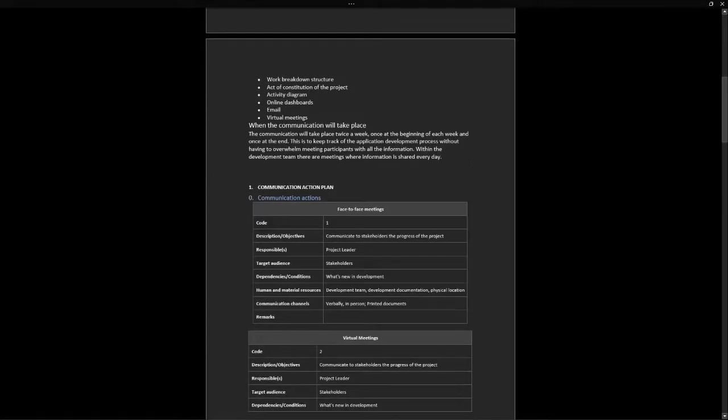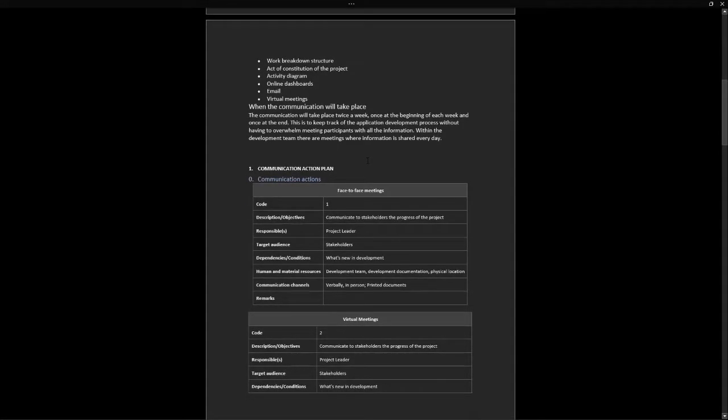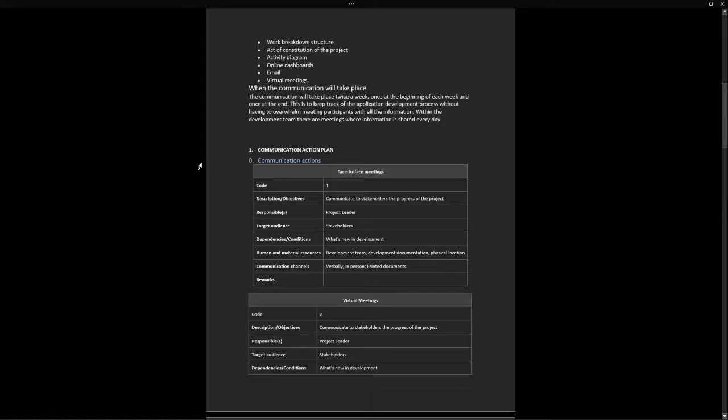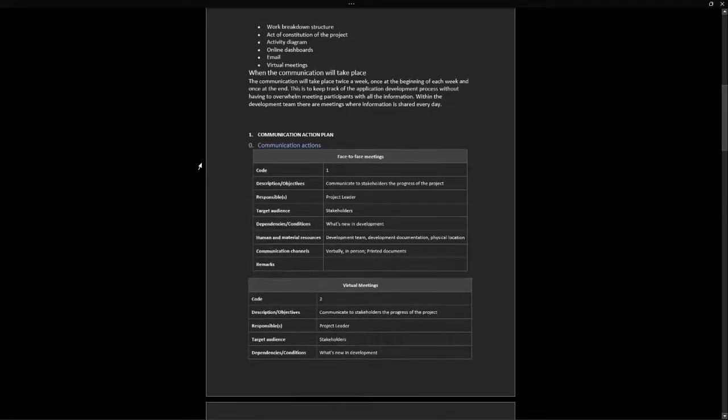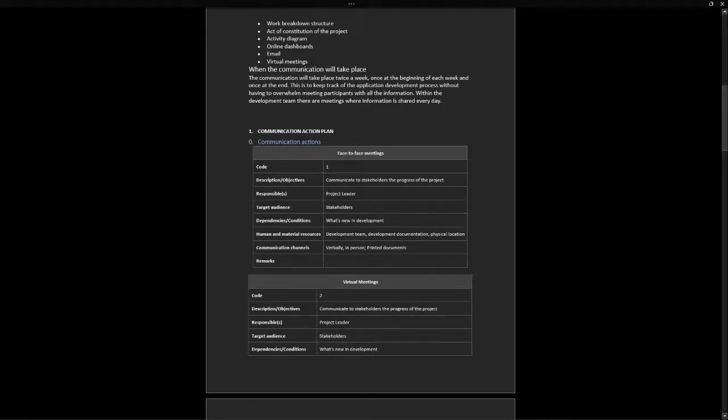So we're going to look into our communication action plan. First, we're going to start with the communication actions. First, we have the face-to-face meeting. We place the code number 1 for this one. Basically, communicate to stakeholders the progress of the project. The responsible is the project leader.